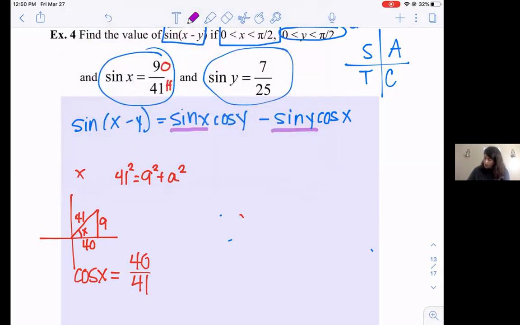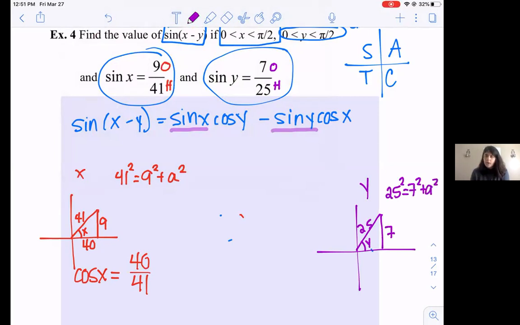Right? Now I'm going to draw my y angle in the first quadrant. So there's my angle. And I know that the sine of this angle is 7 over 25. So that's the opposite and the hypotenuse. Okay, so if I find my missing side using the Pythagorean theorem, I get 24.